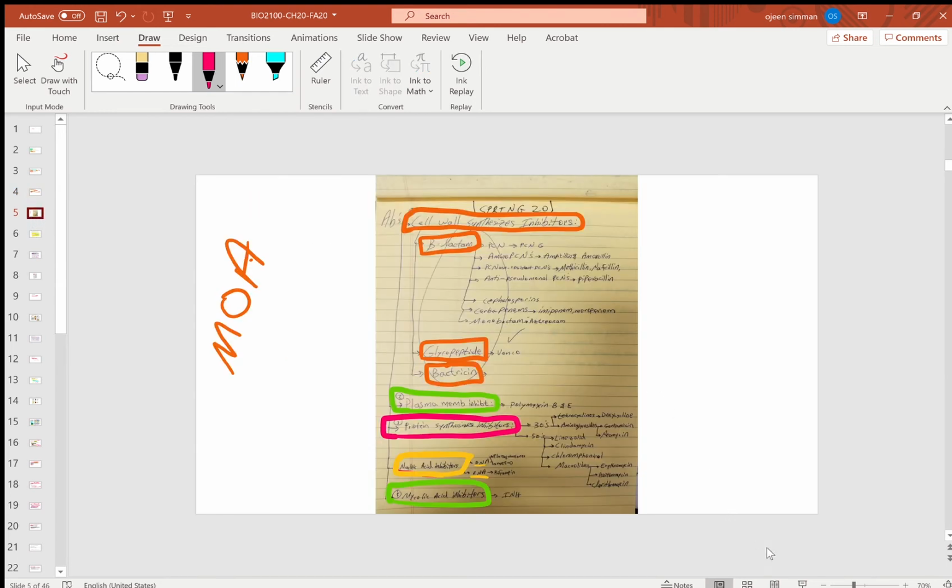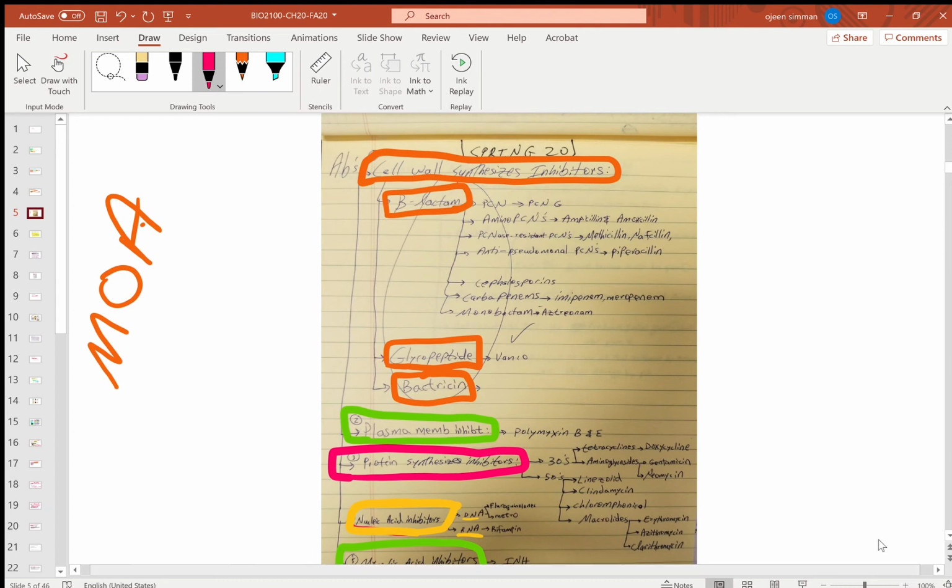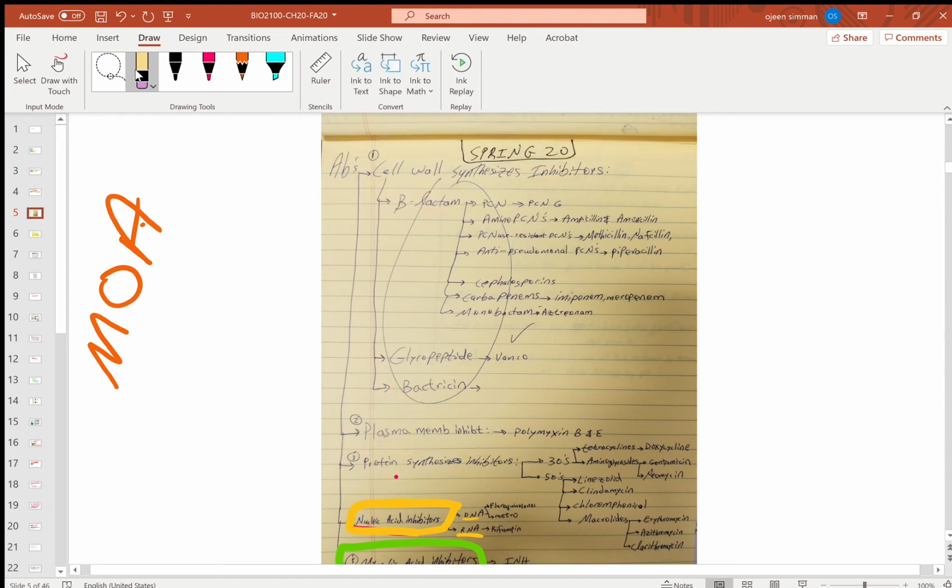This next slide is where a lot of your questions are going to come from for the next exam. What this chart is showing you is the different mechanisms of action, which I abbreviate MOA.